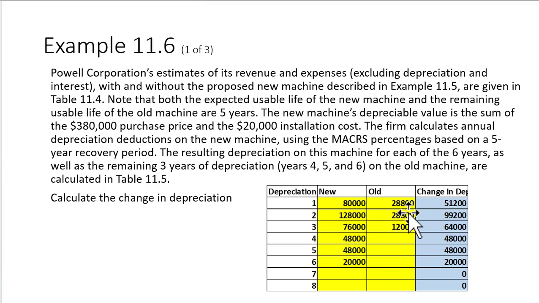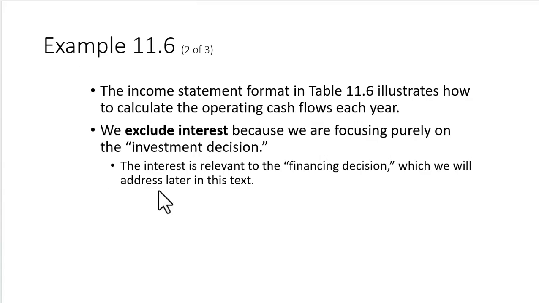Assuming you sell the old one, you're not going to get this again, obviously, but you would have gotten it no matter what happened. So incremental requires us to look at the change. What will be new if I do this thing? So that's why we calculate here, in this case, the change in depreciation.